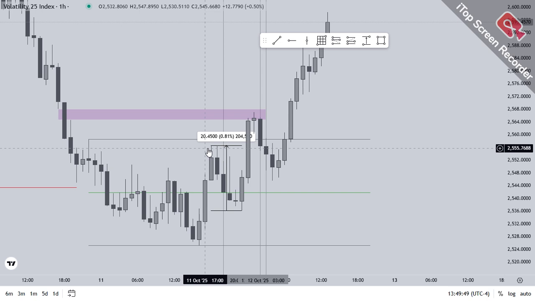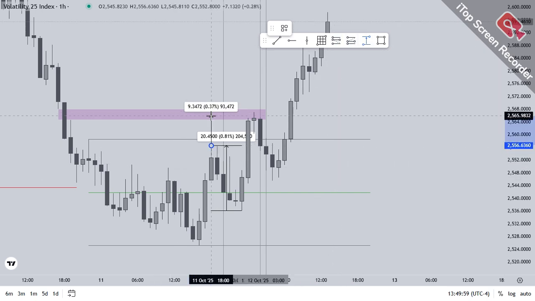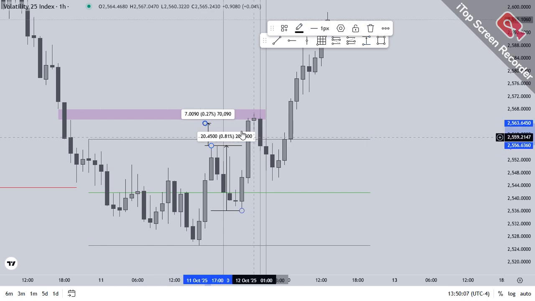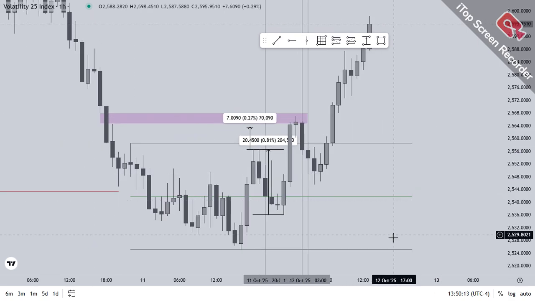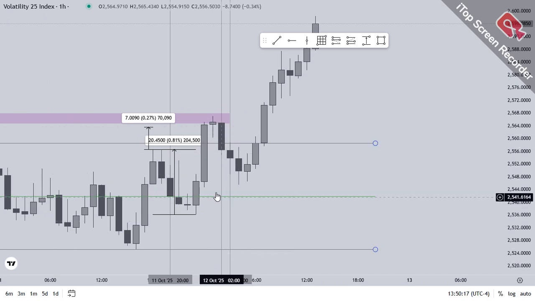We have 7, right? 7 pips. So we can just quickly do this. Take it there and count our 7 pips. So we have 7 pips here. Which key zone is closer to this? We have this fair value gap. So it was so obvious that we would have caught this sell.